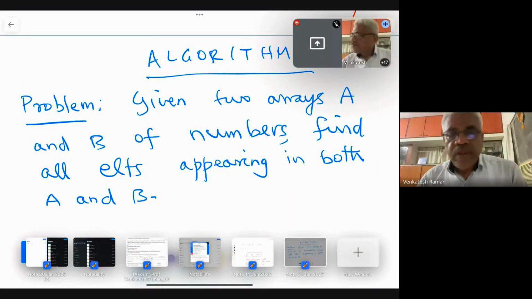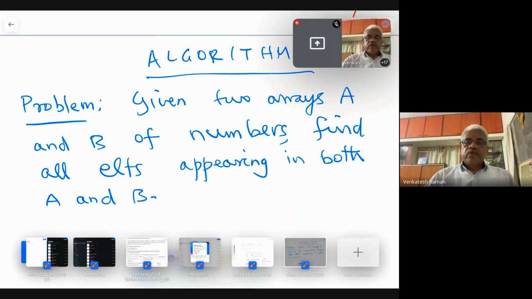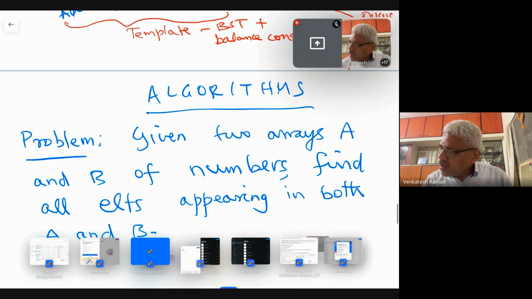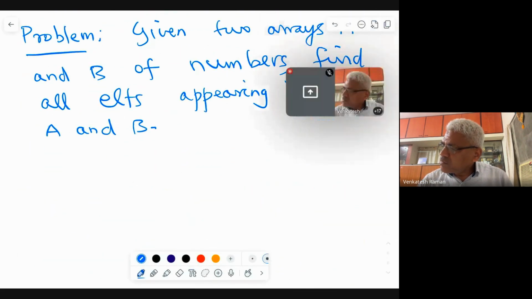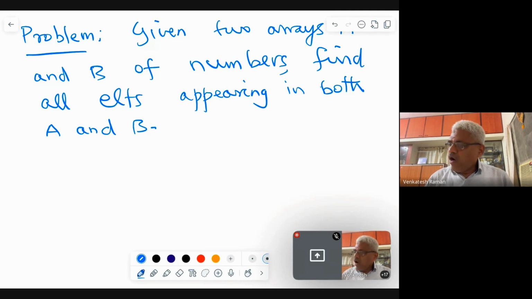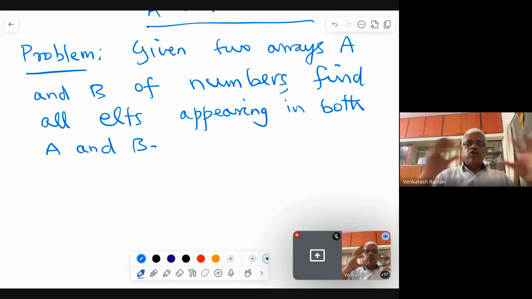The only thing is these two arrays are very, very large arrays. Think of them as Aadhaar numbers or land records, SIM card numbers, something like that. So tens of billions of numbers. And the problem is very simple. I want to find all entries that appear in both the arrays.